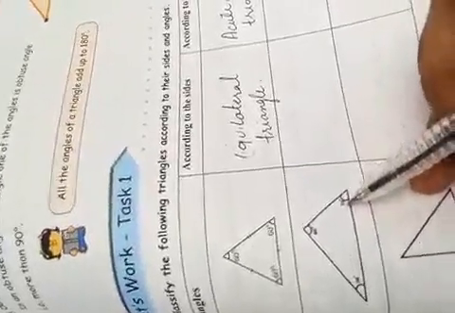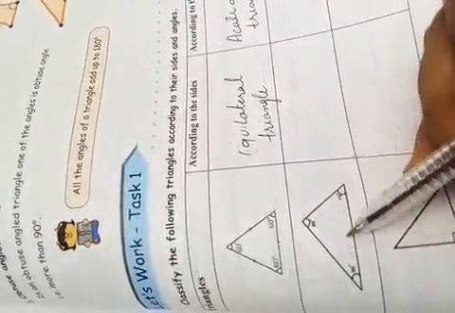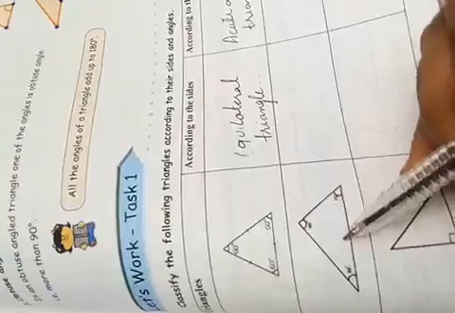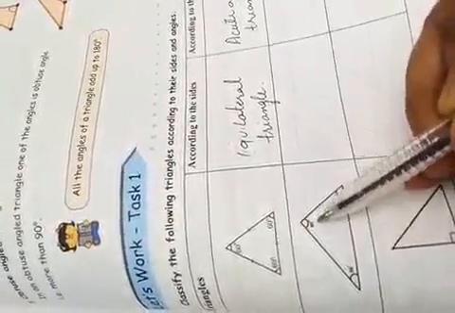Now the second one, we can see that we have 70 degrees, 80 degrees and 30 degrees. All angles are less than 90 degrees. So according to the angles, this is called an acute angle triangle.